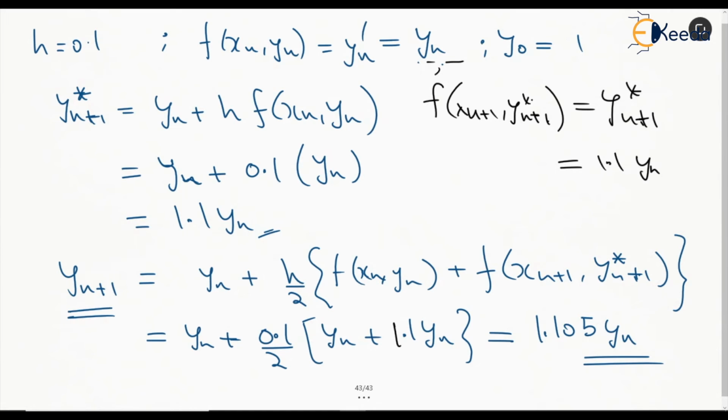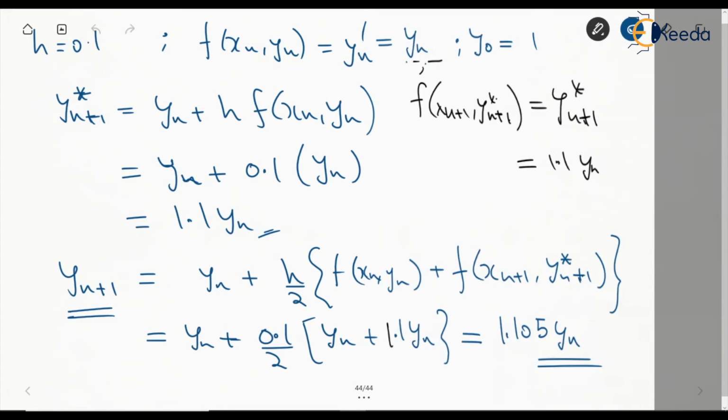Now we can directly put the yn values because it is anyways not depending on xn, and find the values required. So after 5 steps, that means y0 is already known, y0 is 1, so y1 will be 1.105 times of y0. I'm writing directly y0, obviously n plus 1 and n.